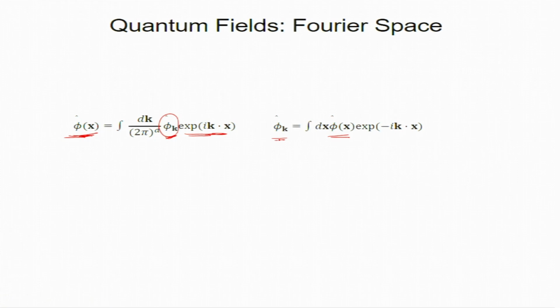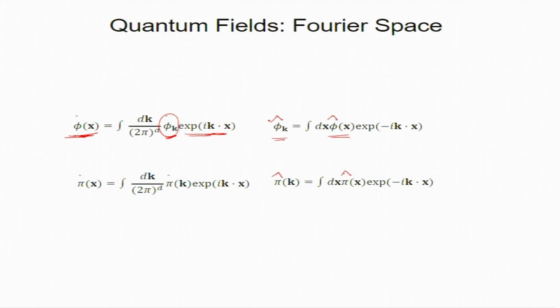Same thing, you just replace these fields by operators. Same thing you do for pi. Okay, no problem, like that. I just replace those things by these operators, which are not very well reproduced in the PPT, but these are what they are. All right.